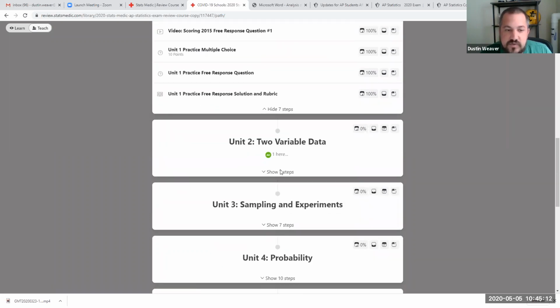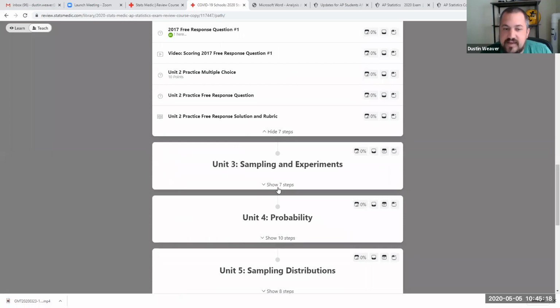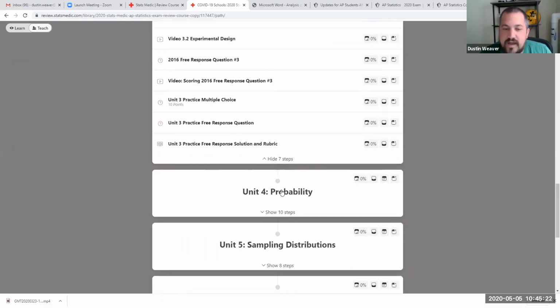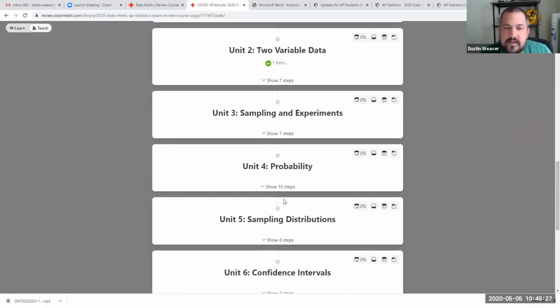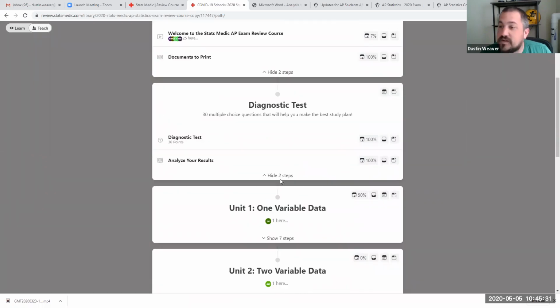Then Friday, we would go into Unit 2, and we would do half of Unit 2. Then Monday, we would do the second half of Unit 2. Then we will go into Unit 3 in the same way, all the way through the 7 units. That will take us all the way up to AP Exam Day on May 22nd.